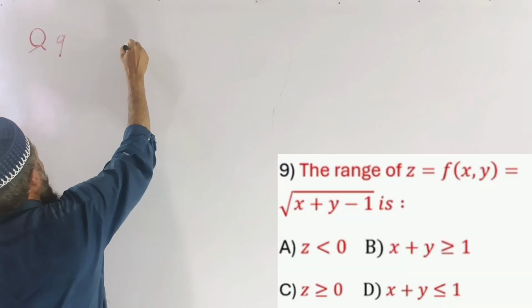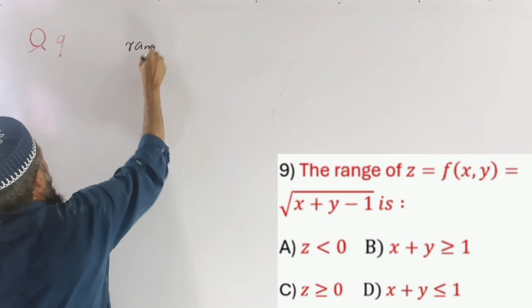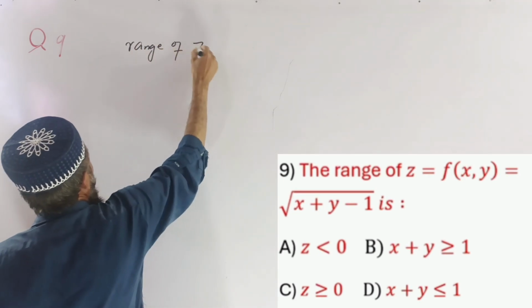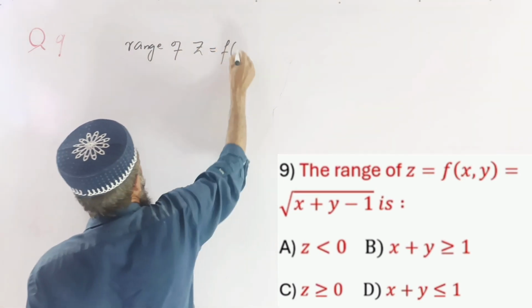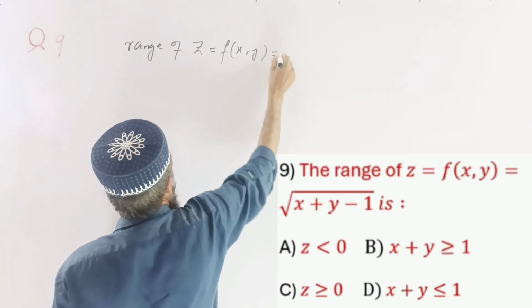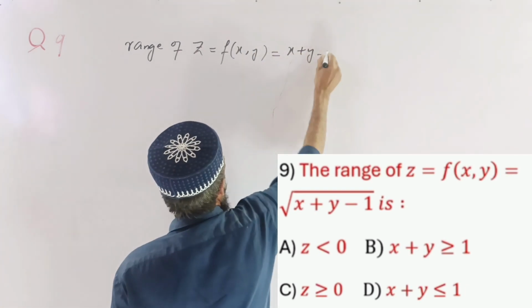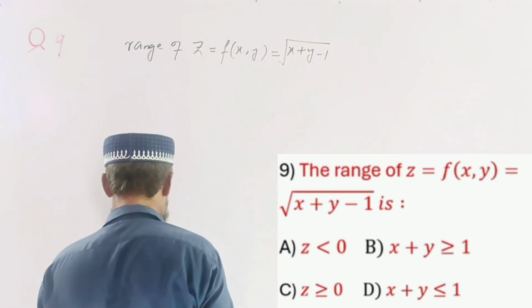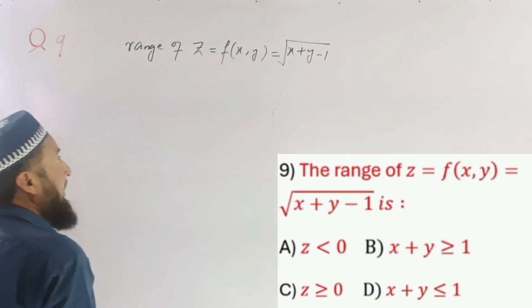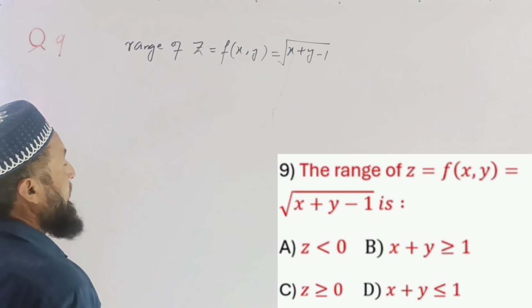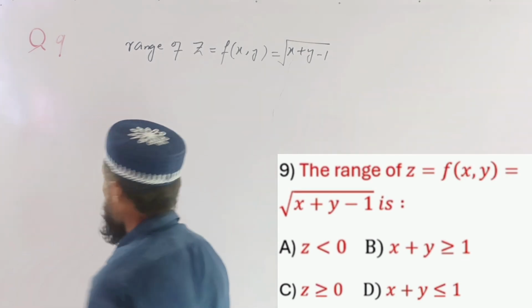What is the required range of z, where f of x and y is the square root of x plus y minus 1? So what is the range of this one? First of all, we find the domain of the function.